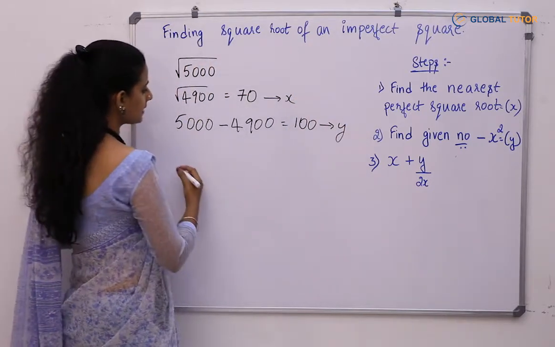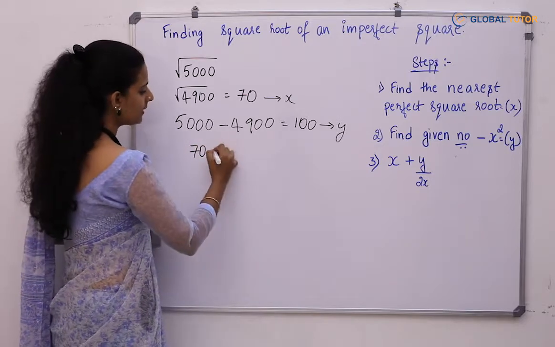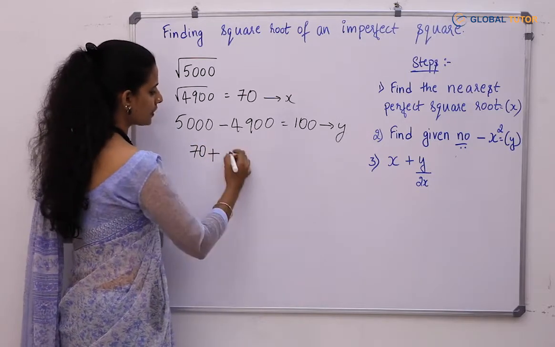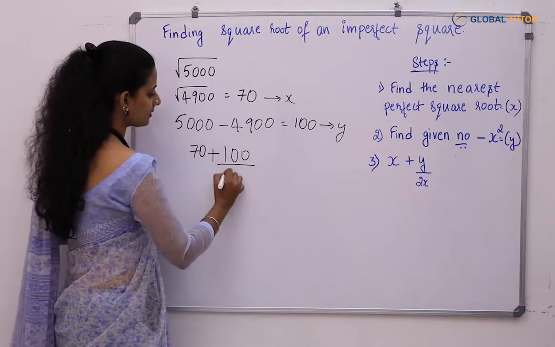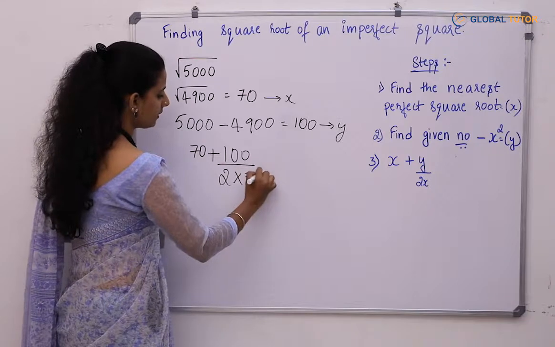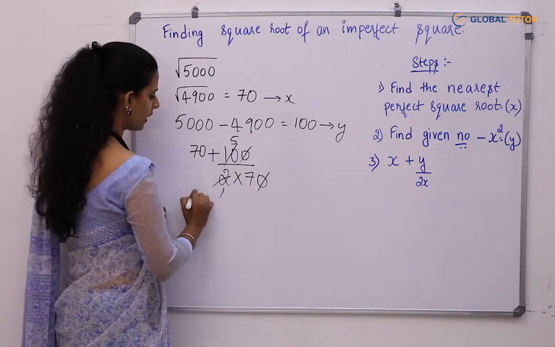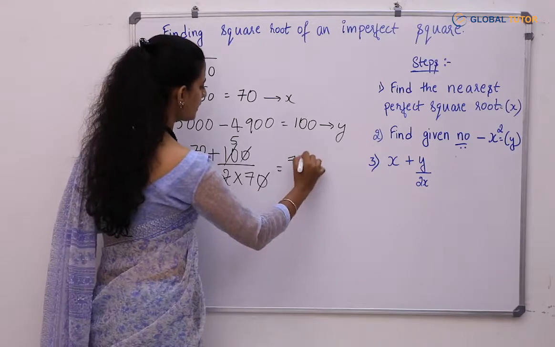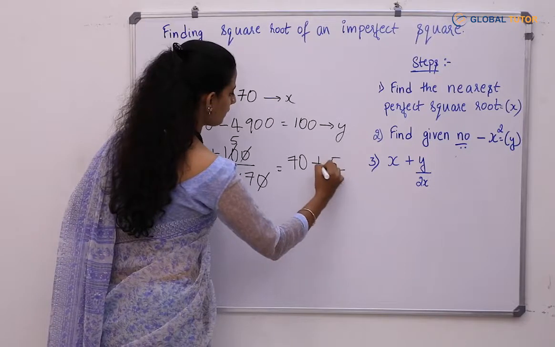In the next step, you write x, which is 70, plus y, which is 100, divided by 2 into x, 2 into 70. This gets cancelled. So we have 70 plus 5 divided by 7.